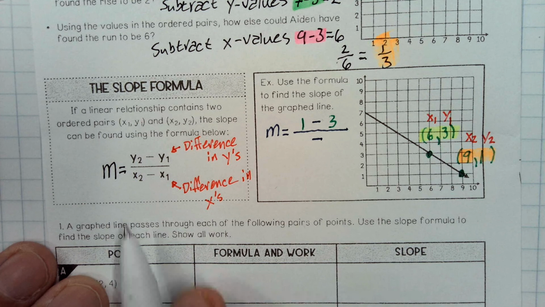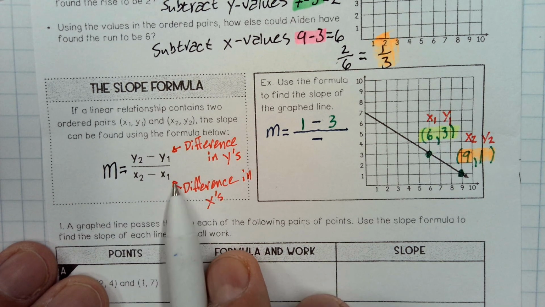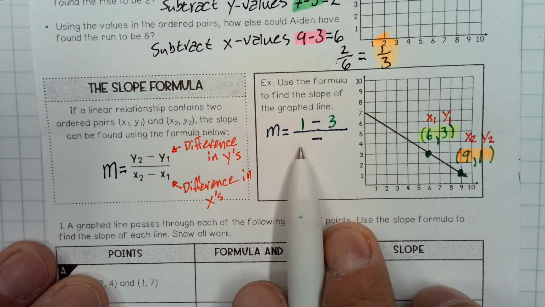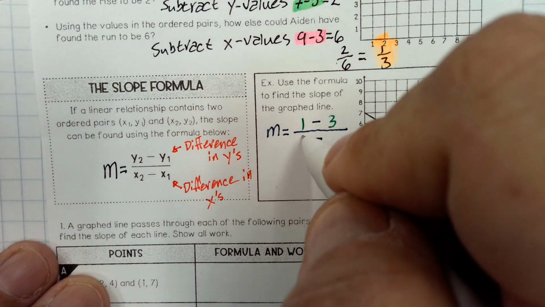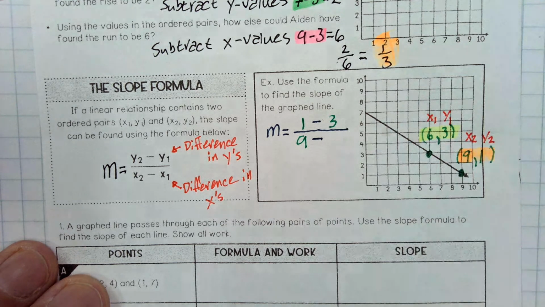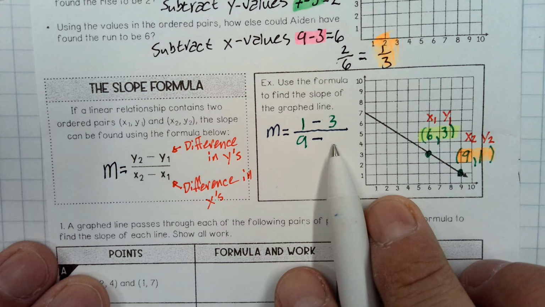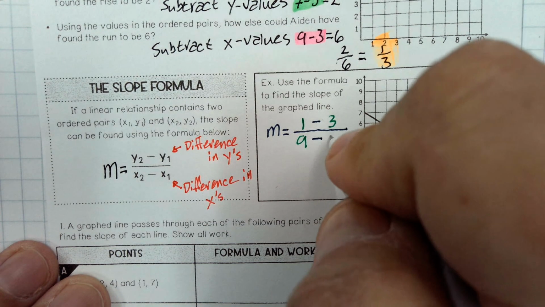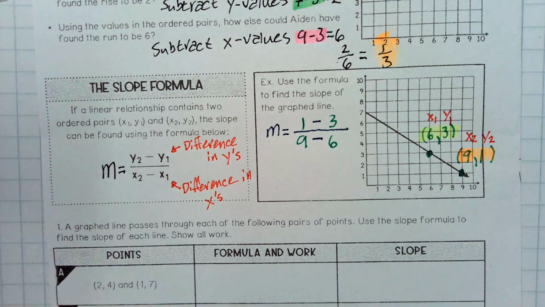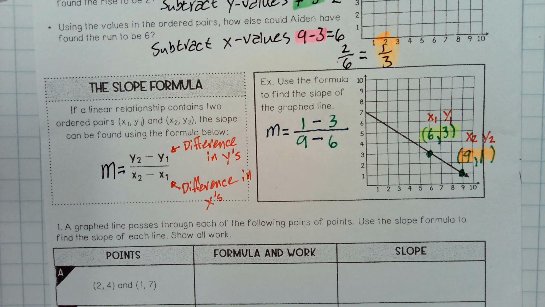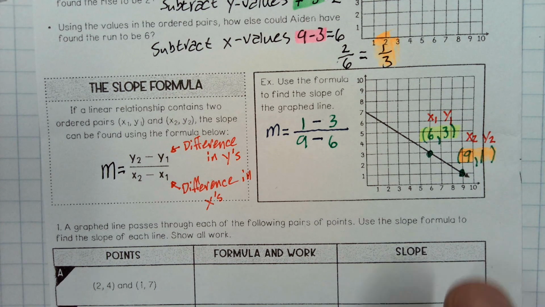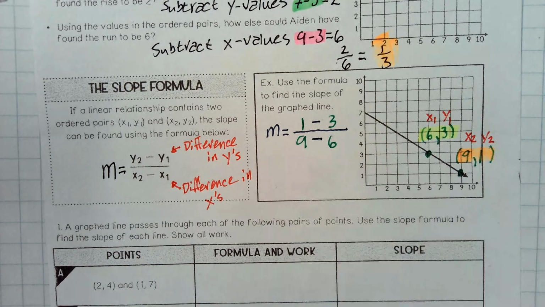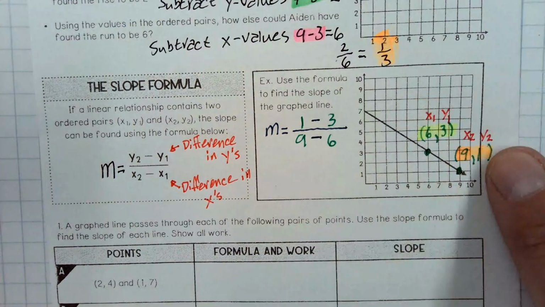I'm going to do the same thing with x's. I'm going to do x2 minus x1. So which number is x2? 9. So I'm going to put the 9 there. And then what number would go here? 6. x1. Now, I'm going to go back and color code these again, right? So I'm going to start with 1. 1 was orange.